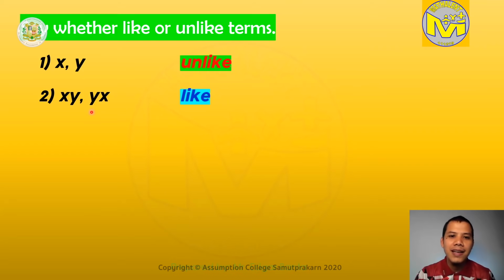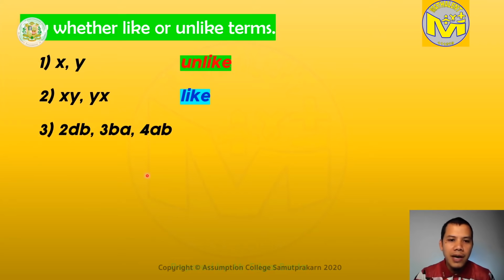They are like terms. Why? Even though they are arranged differently, XY and YX, they are like terms because they are both X and Y. Even if you rearrange it, they are the same.